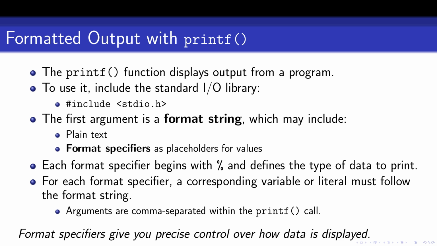For example, %d is for integers, %c for characters, %f or %lf for floating point numbers, and %s for strings. You can use multiple specifiers in a single format string, as long as you provide matching values as arguments after the string.